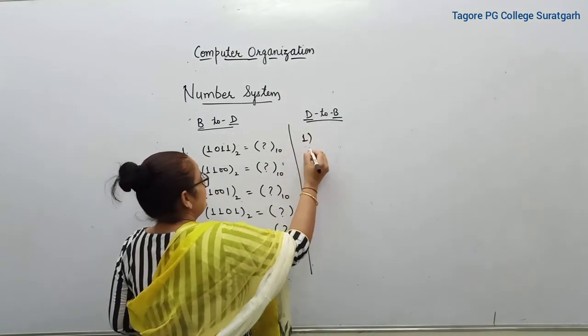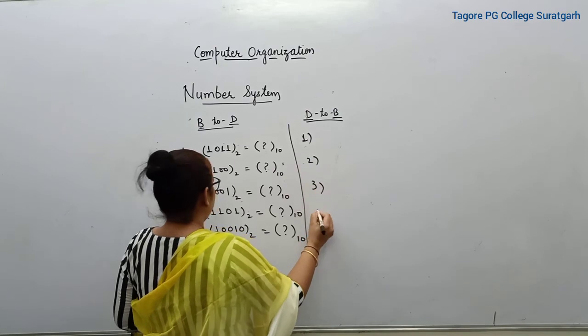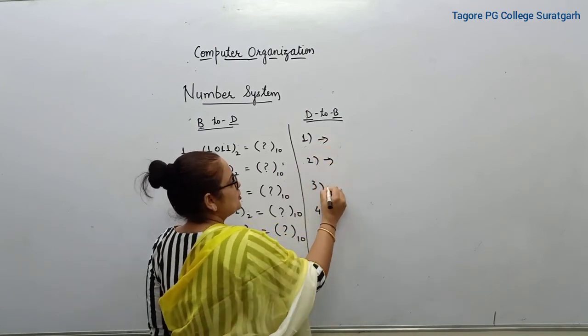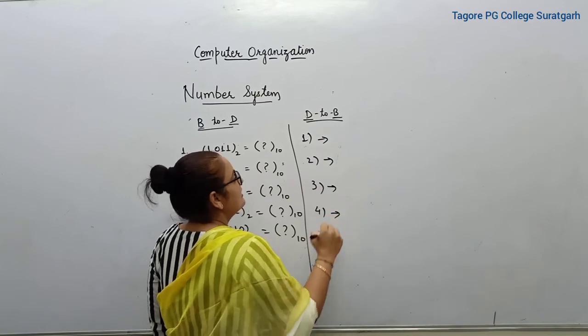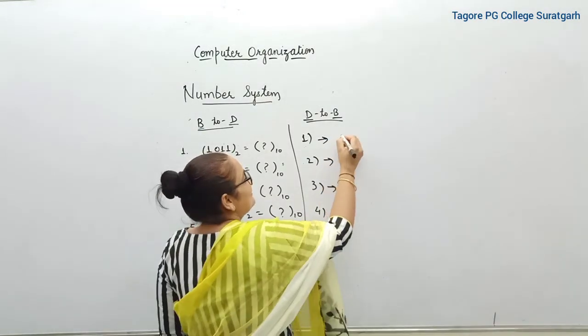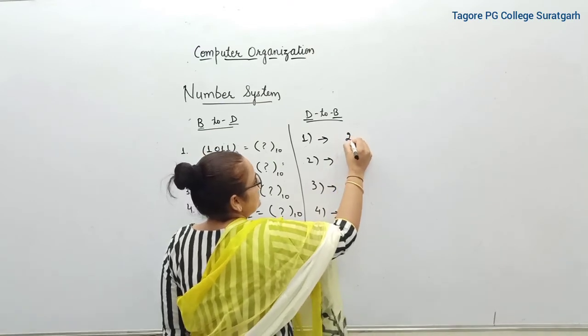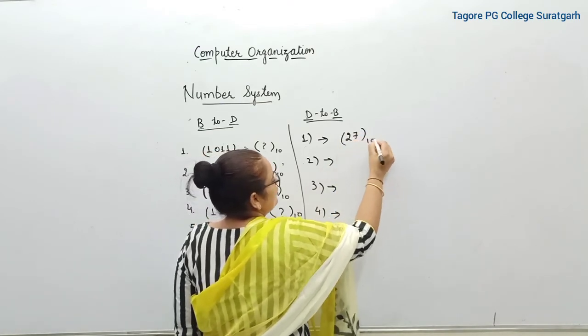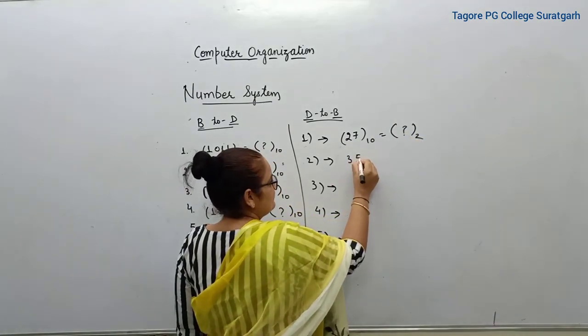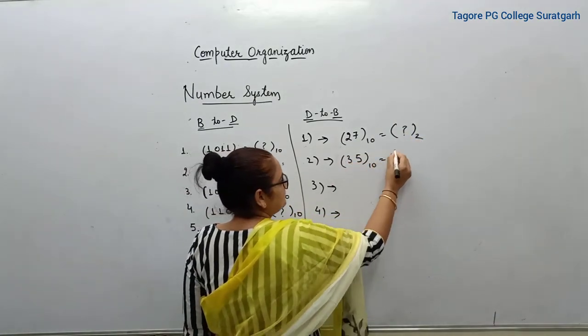So here is decimal to binary. It keeps your interest and makes your studies more interesting when you follow it. Here is 27, you have to convert it to binary. Then there is 35.